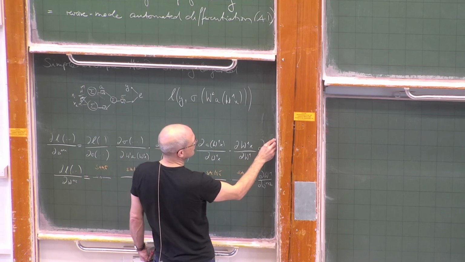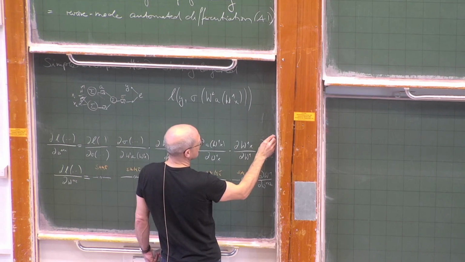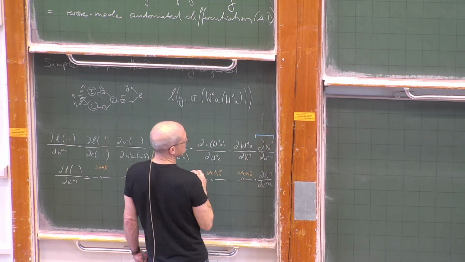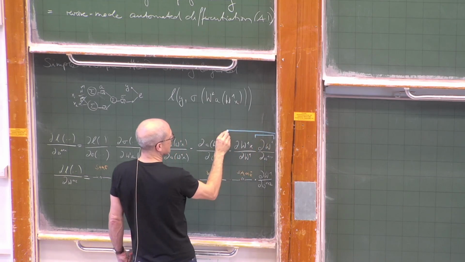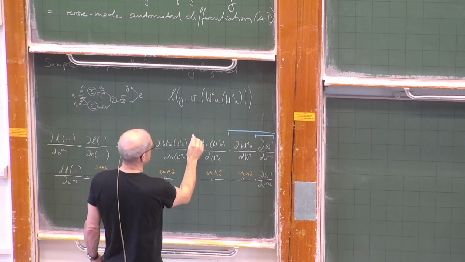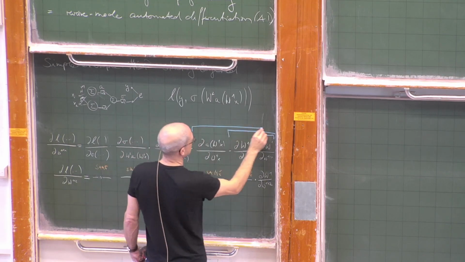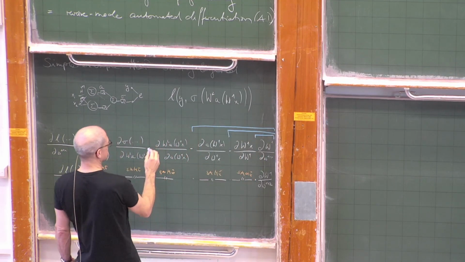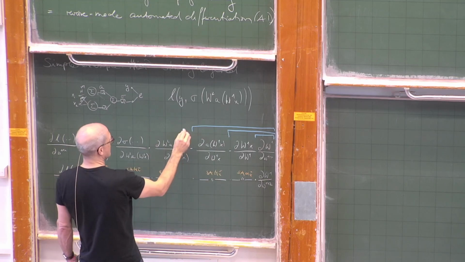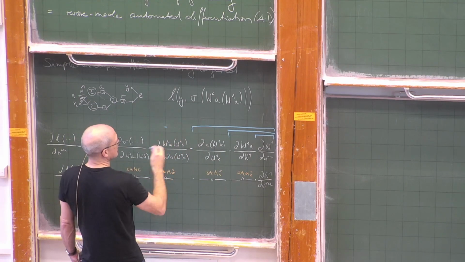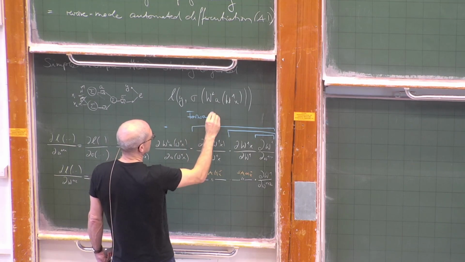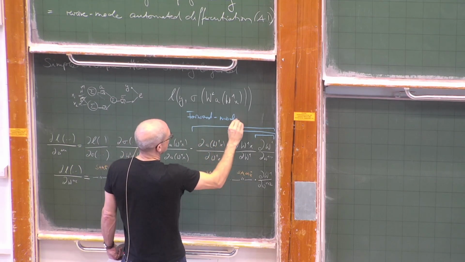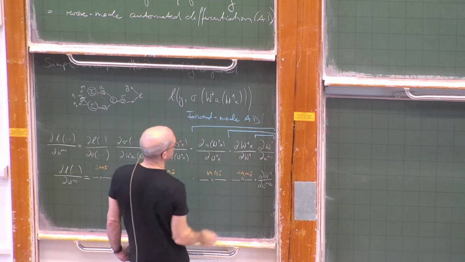So we could evaluate first this, and then that part, and then that part, and so on. And this would be forward mode automated differentiation.